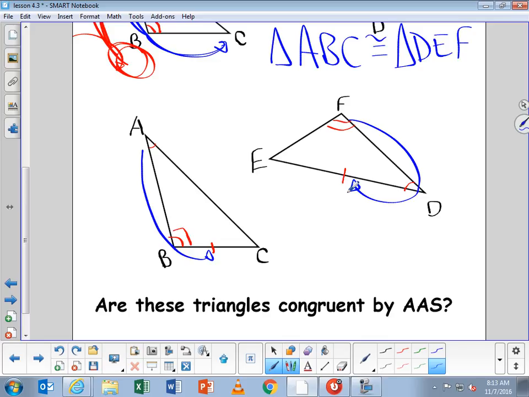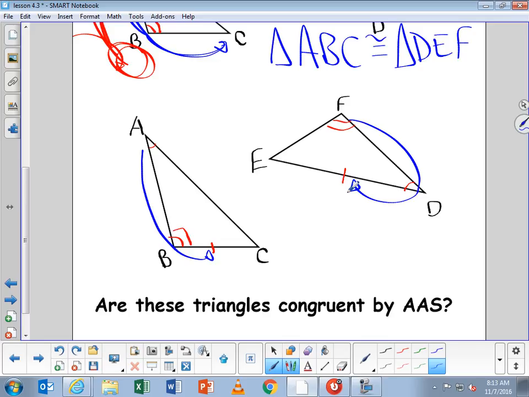If you look at the side, ED, that's not the side of BC. What are you talking about? They're definitely not drawn to scale, right? Yeah, but it doesn't make any sense though. If you were to turn it, it would not be congruent.